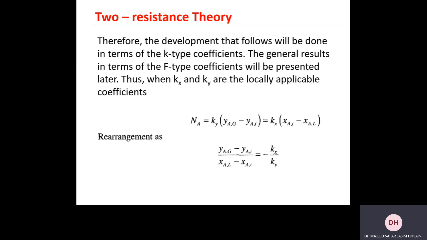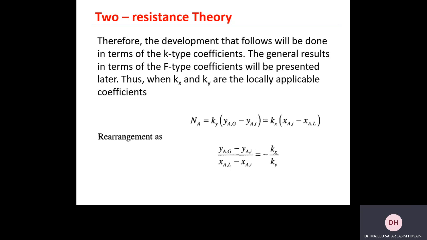So we agreed from the previous chapter that we have different types of mass transfer coefficients, and we are dealing specifically in this case with k-type coefficients, small k. It is not capital K, it is a small k. In that case, the flux NA is equal to the mass transfer coefficient multiplied by the driving force.